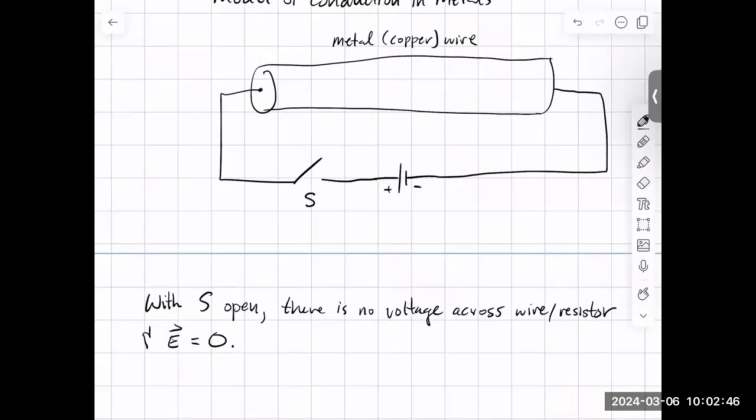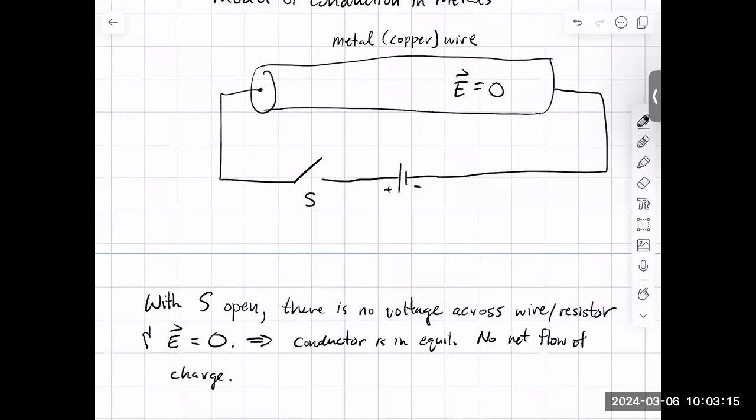Okay, so we can say E equals 0. And this is exactly what we previously called a conductor in equilibrium. So in this case, the conductor is in equilibrium, and there's no net flow of charge.